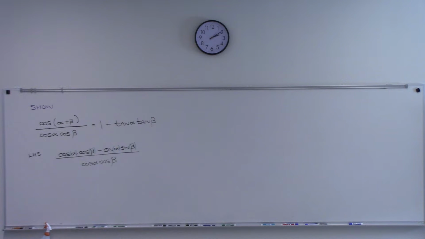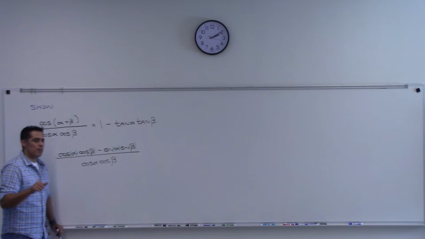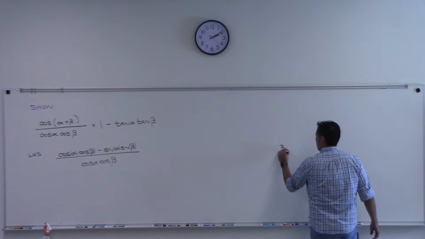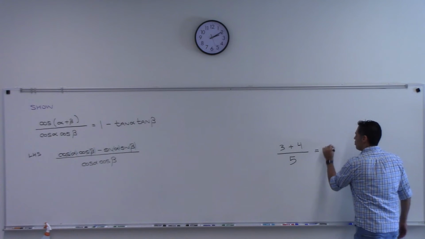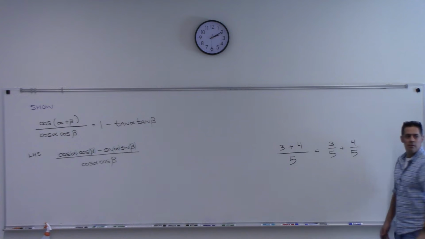Does anyone see the next step? Can we just separate the two so it's cosine alpha cosine beta over cosine alpha cosine beta, minus the other one? So you're using a property of fractions that we all need to be comfortable with. If you take 3 plus 4 and you put that over 5, that's 3/5 plus 4/5, right?